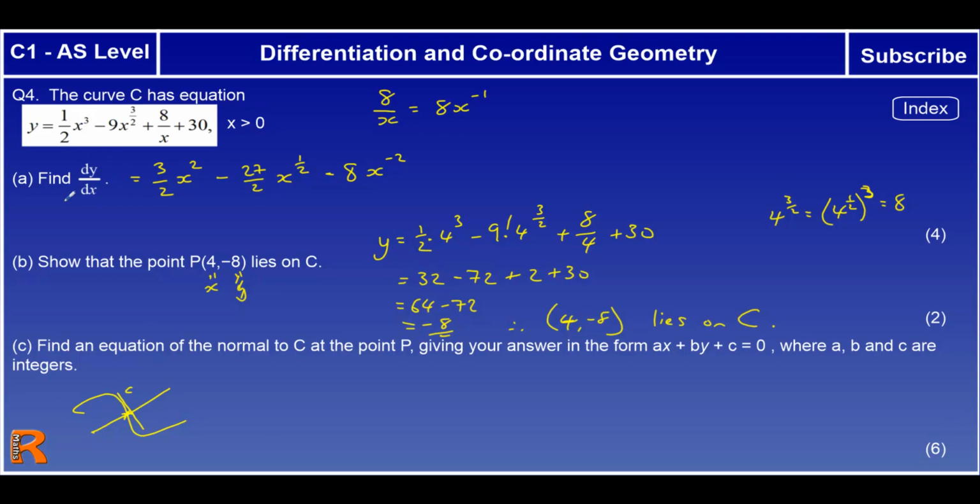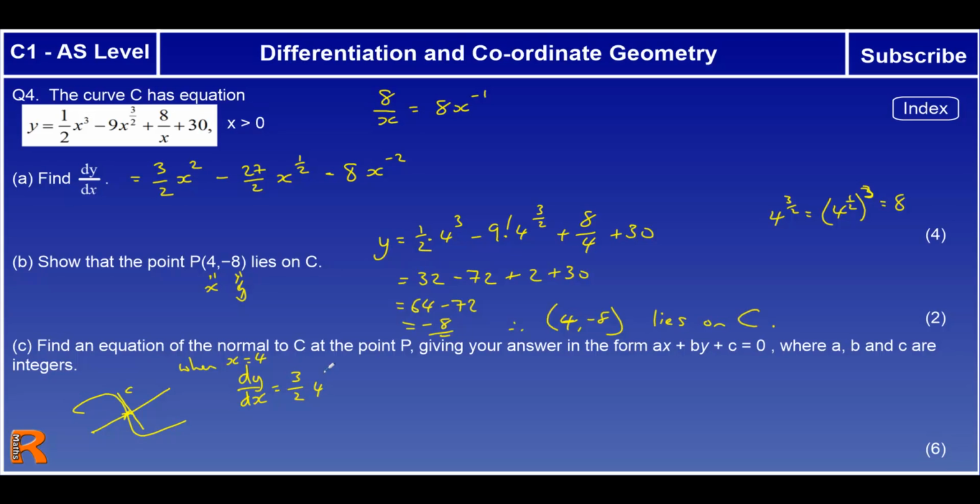Well, that's what dy by dx is. So dy by dx, when x equals 4, because that's the point we're using, gives us the gradient of the curve at that point. And we just need to put the 4 into this expression, dy by dx.